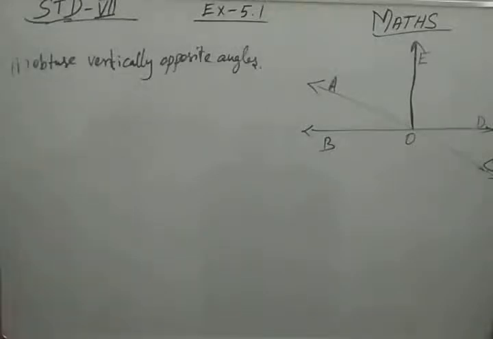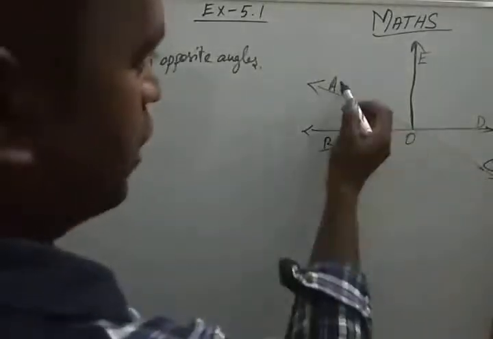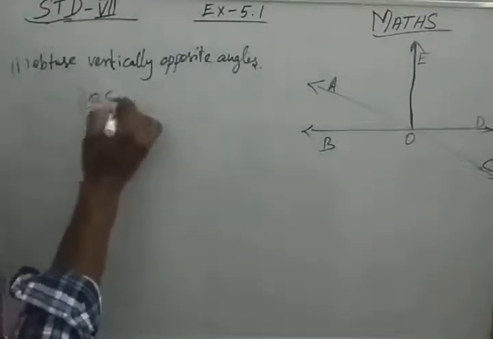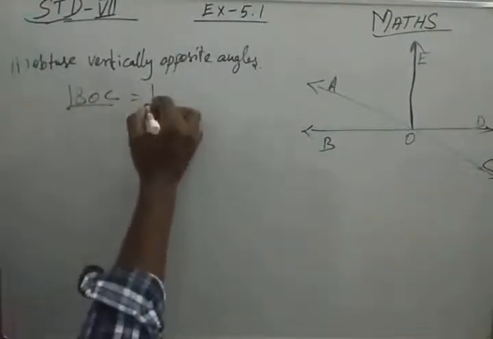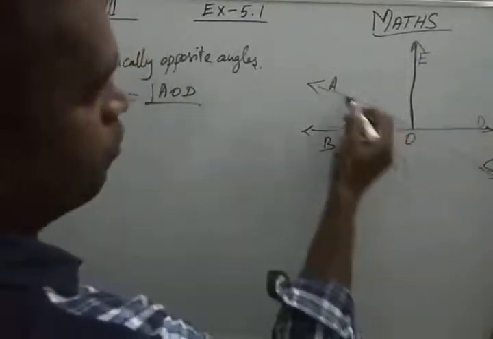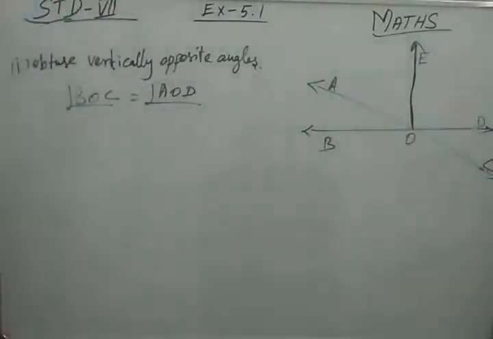Here, when you are seeing this picture, angle BOC and angle AOD we can say are the obtuse vertically opposite angles. Angle BOC is equal to angle AOD. BOC, AOD. We will get the opposite angles.